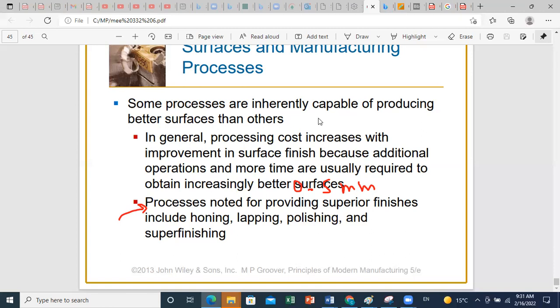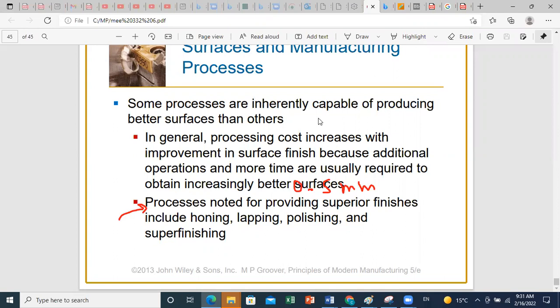Now for polishing. Polishing is the process of creating a smooth and shiny surface by rubbing it or using a chemical action, leaving a surface with significant specular reflection. And super finishing, as the name indicates, is one of the most accurate processes, so it will lead to a very good finish of your surface.